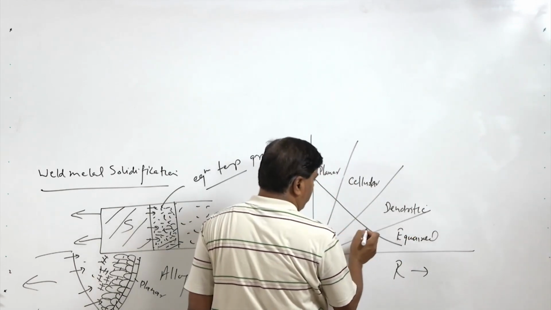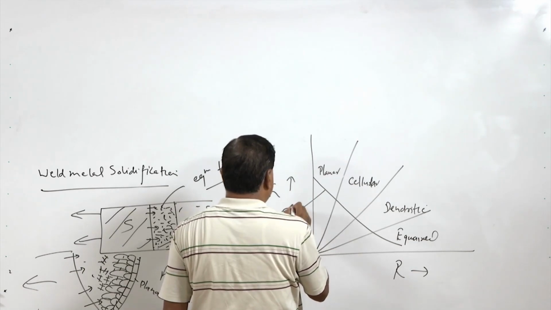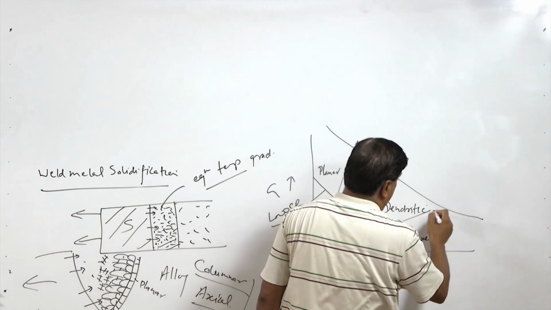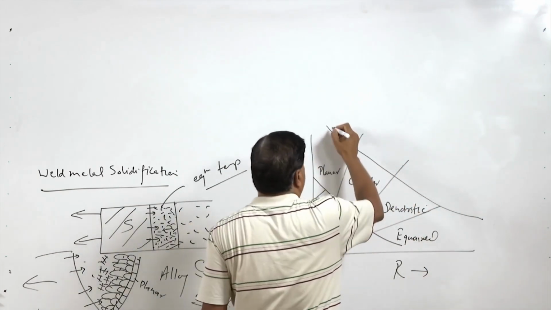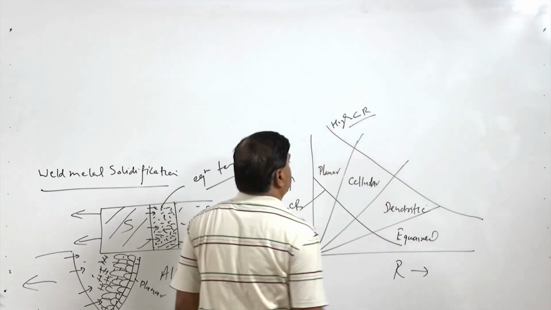In addition to this, we can have one additional line like this. This corresponds to the low cooling rate, and this corresponds to the high cooling rate. What effect will it have?